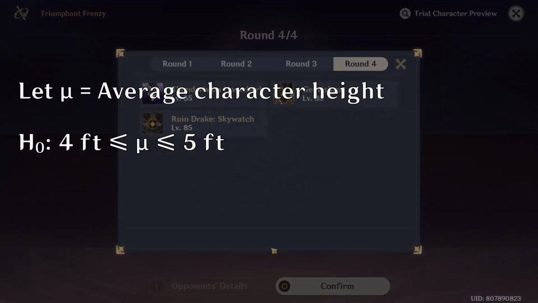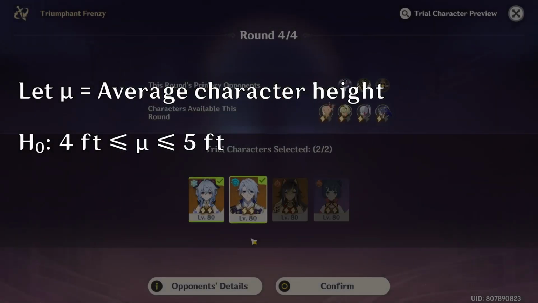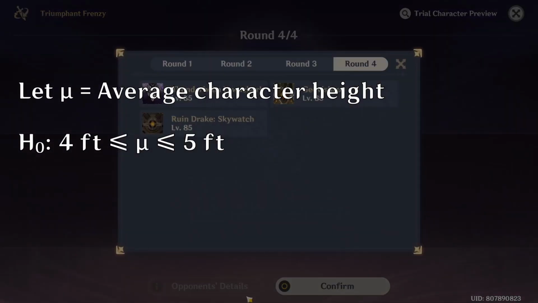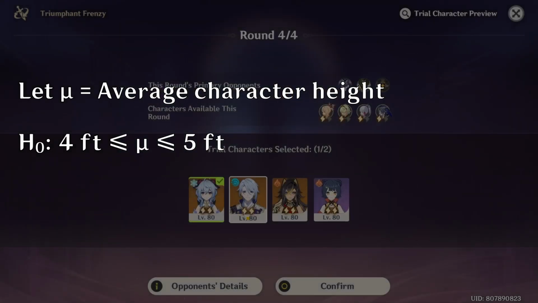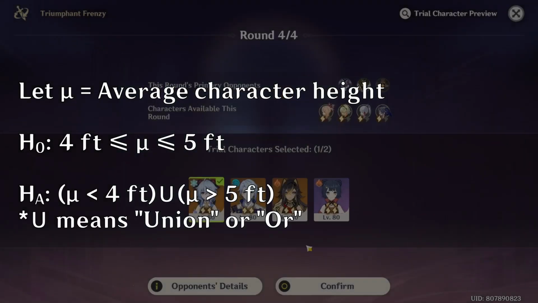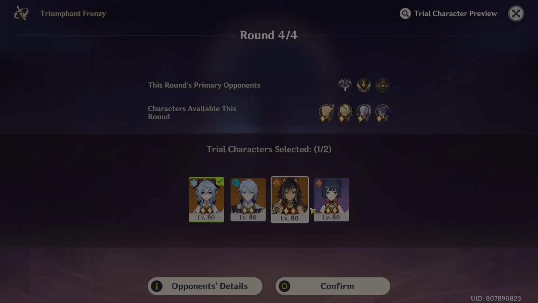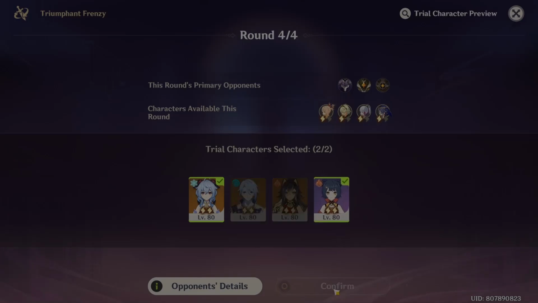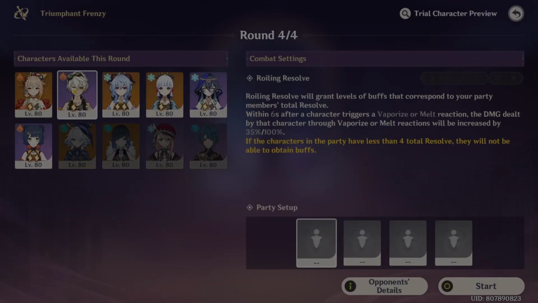For example, if H0 states that the average height of Genshin characters is within 4 to 5 feet, then this means that HA must say that the average height of characters is shorter than 4 feet or taller than 5 feet. In our case, I'll define G0 as the hypothesized value for the gravitational acceleration, which is 20.85 meters per second squared.